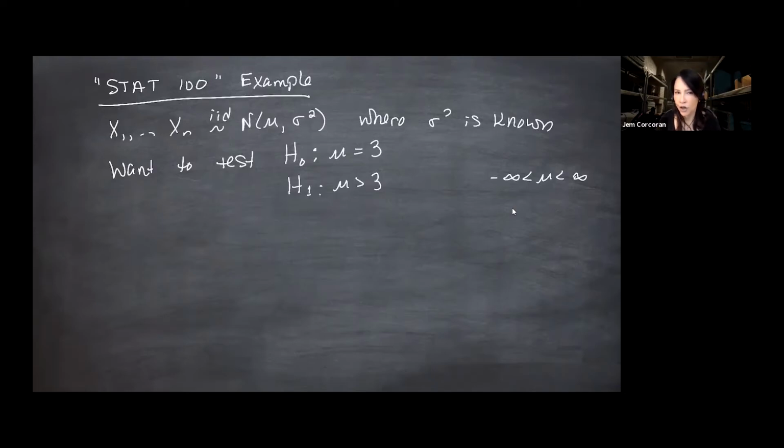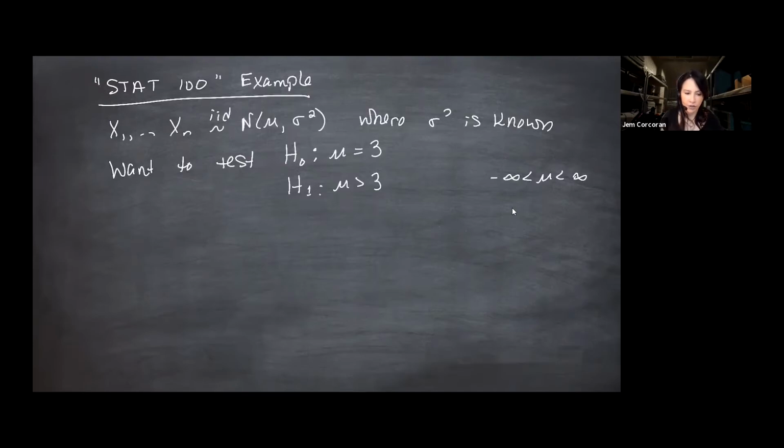So there is no concluding that the mean is less than 3. What we could conclude here depends on our sample size and our sigma squared. But if you observe an X bar of -3 million, you're going with the mean is 3. You're not saying the mean is less than 3. That's just not a possibility. It means that you didn't have evidence to say that the mean is greater than 3.